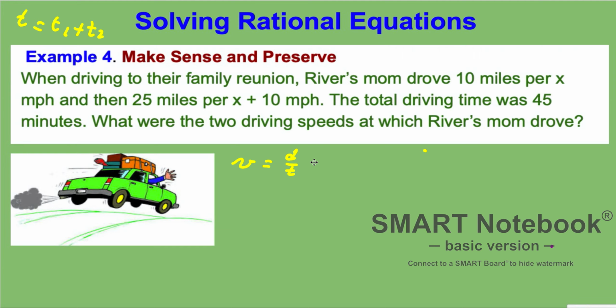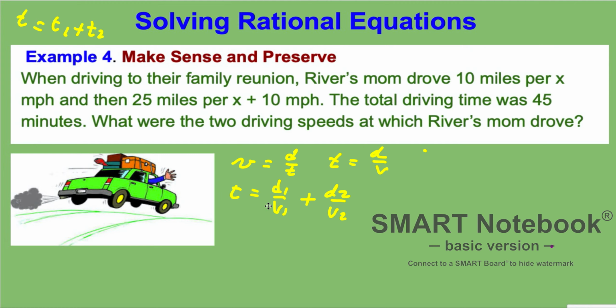On the other hand, t in relationship with speed and distance is t equals d divided by v. So t is equal to d1 divided by v1 plus d2 divided by v2.